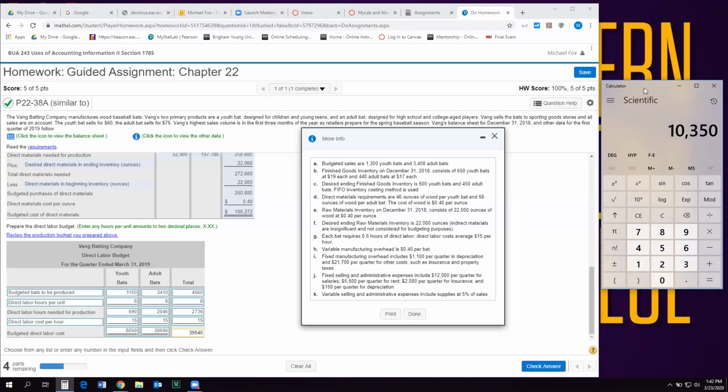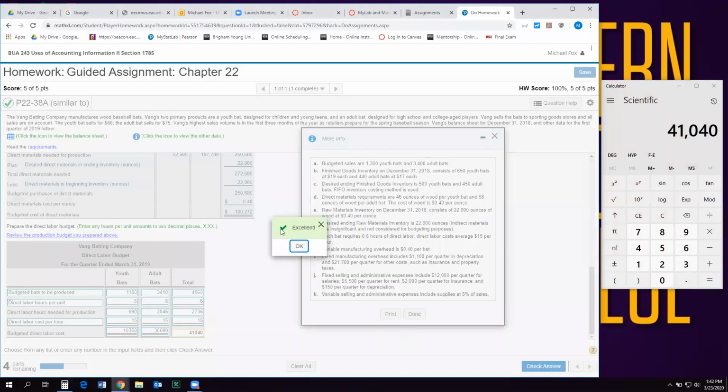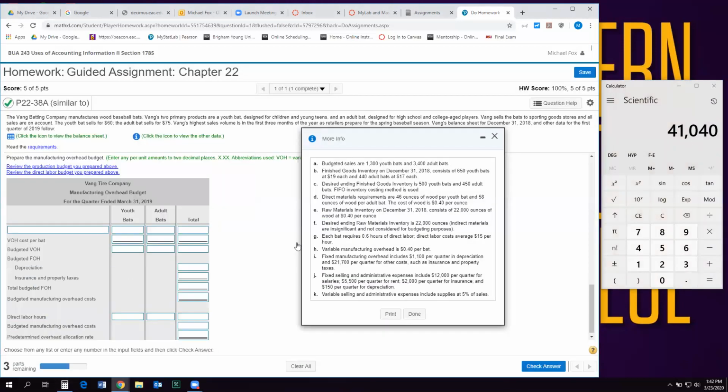Let me double check that. 690 times 15, 10,350. And let me double check 2,046 times 15. That is 30,690. So add that to 10,350. It's 41,040. So somewhere I just made an arithmetic error. There we go. All right.